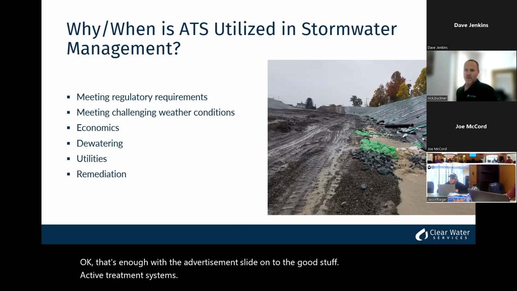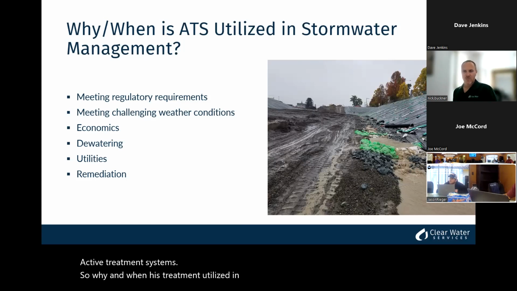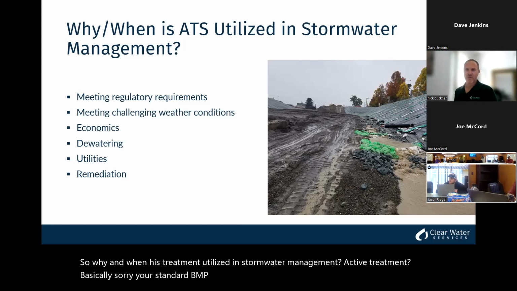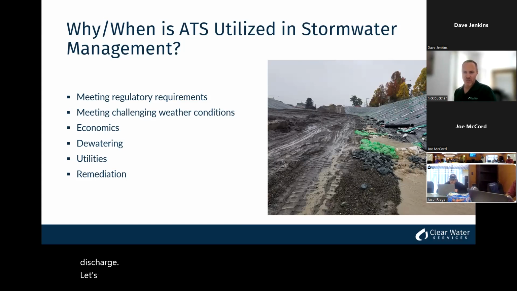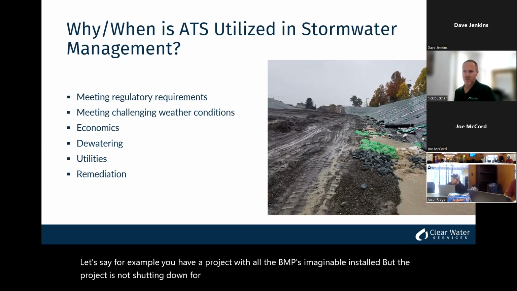So why and when is treatment utilized in stormwater management, active treatment? Basically, your standard BMPs aren't suitable to reach the regulatory requirements for a discharge. Let's say, for example, you have a project with all the BMPs imaginable installed, but the project is not shutting down for the wet season.